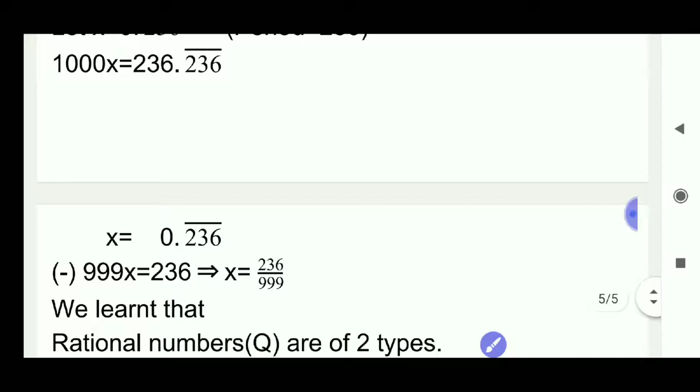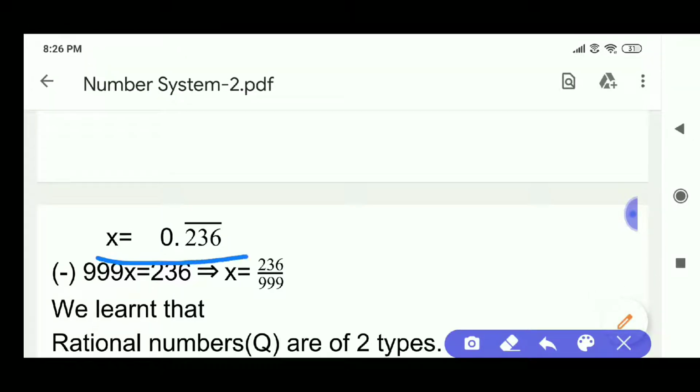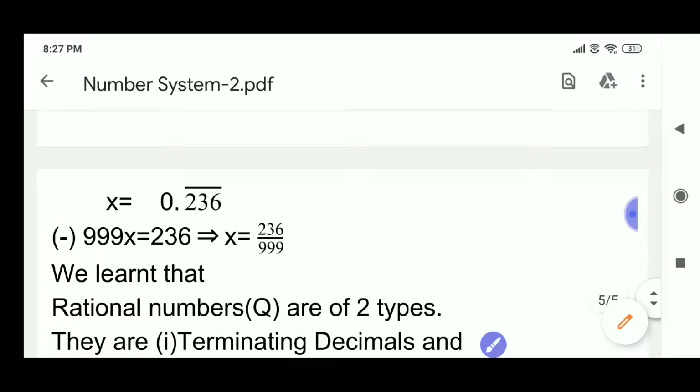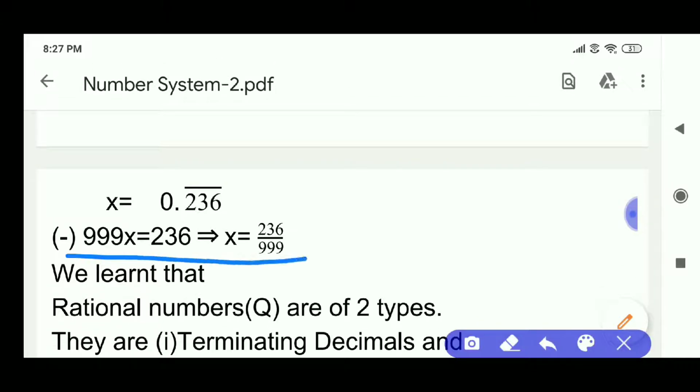Now x is equal to 0.236 bar. Already here the period is on the right side of the decimal point. Now simply we can subtract. Now it becomes 999x is equal to 236. So x is equal to 236 by 999.